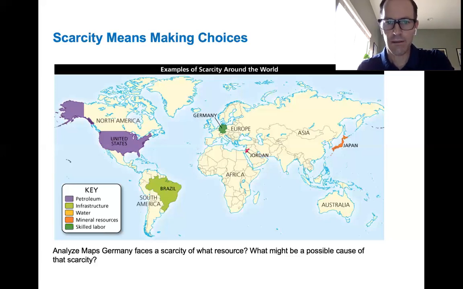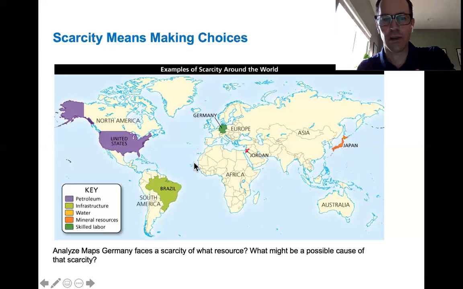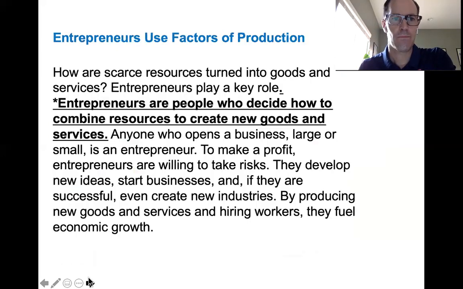Also, maybe because Germany has such a good trade educational program, those German workers are able to find work elsewhere for higher pay. So again, not necessarily a bad thing. They do face scarcity, but there's more to this story than simply not having enough.